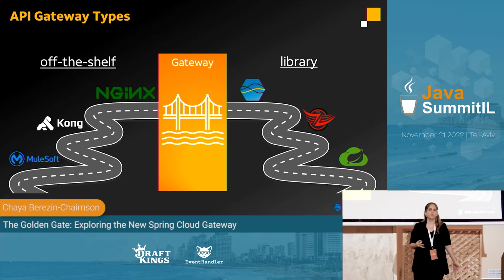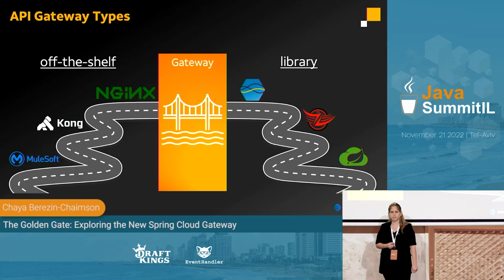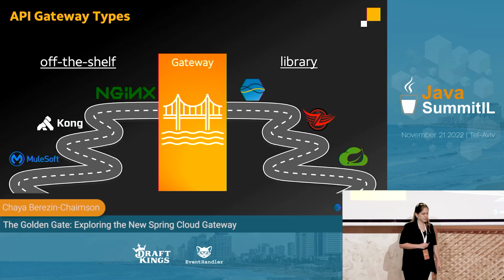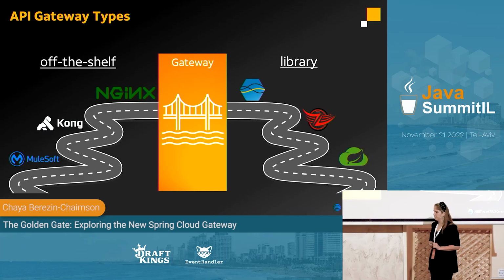And furthermore, we wanted the developers to have the ownership and the responsibility for this gateway component. And these all are likely impossible, or at least very hard to achieve with an off-the-shelf product. So we decided to stick with library implementation.